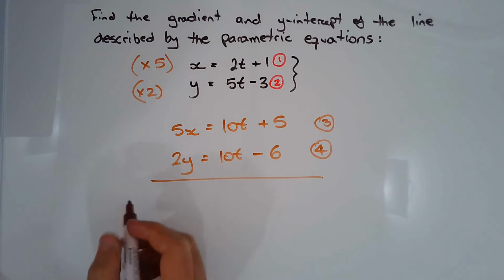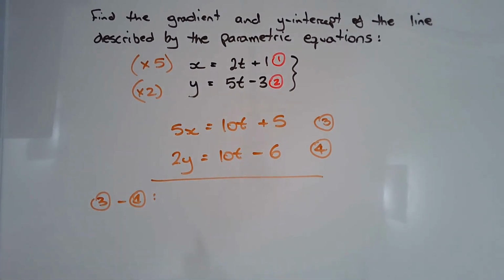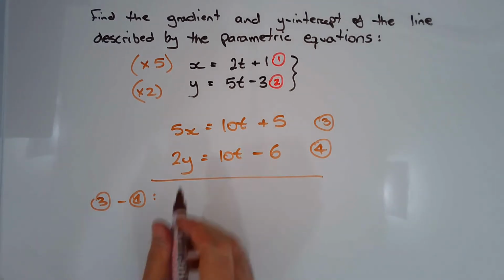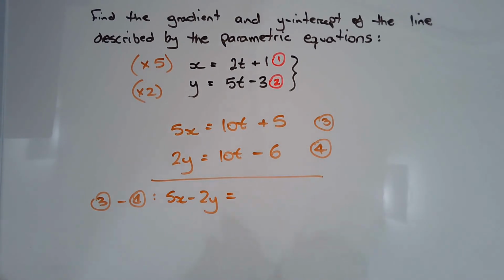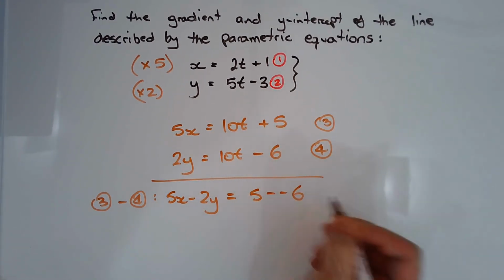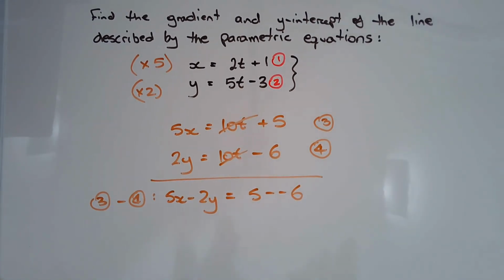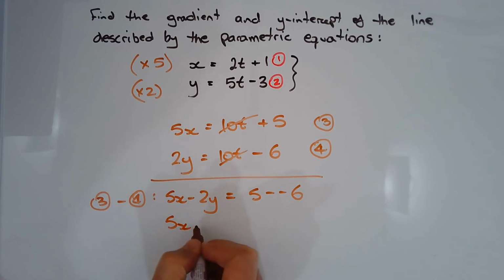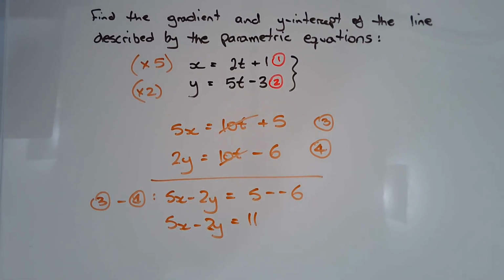So subtracting 4 from 3, it doesn't really matter which order. So you're going to have 5x minus 2y is equal to 5 minus minus 6, because the 10t's just cancel out because one's being subtracted from the other. So you have 5x minus 2y is equal to 11.